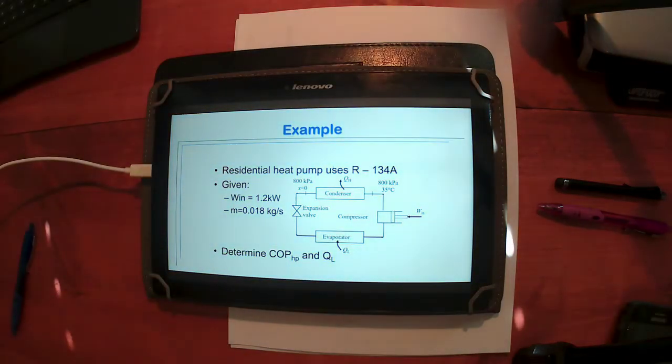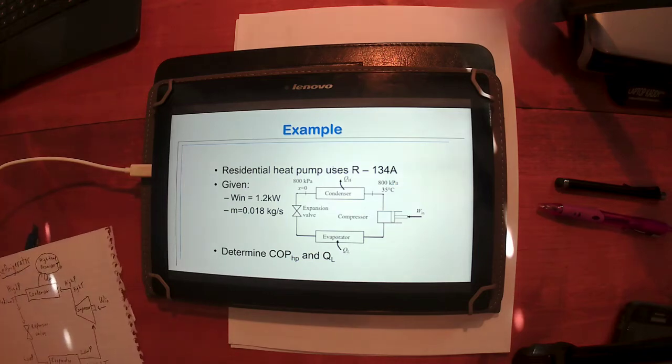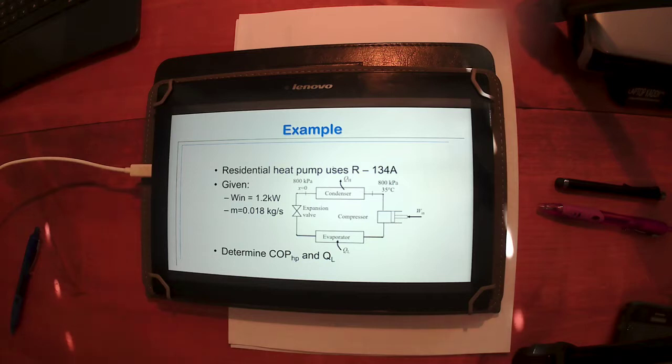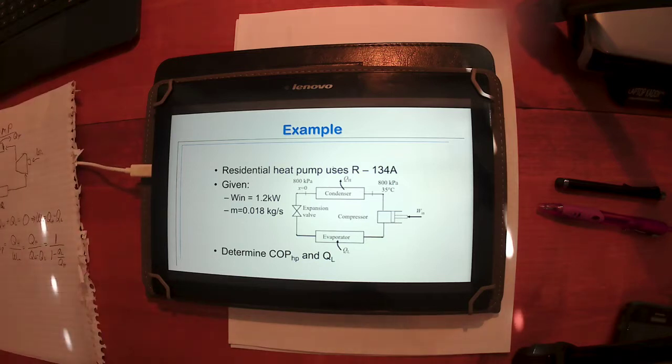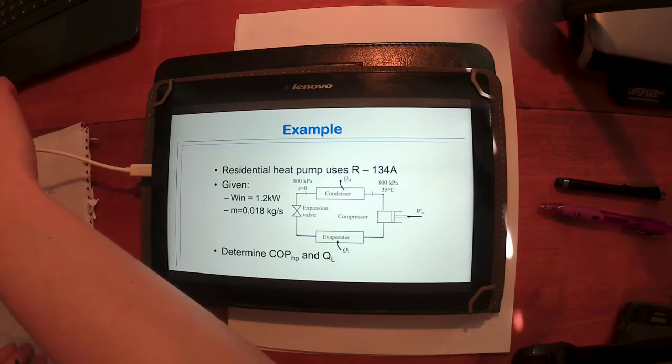Now, let's look at this heat pump problem. Let me pull up our notes from last time. I have those readily available. I have some of these equations memorized, and I can only derive them quickly, but I'm going to have that readily available for me here.